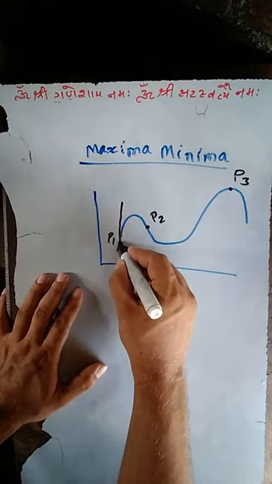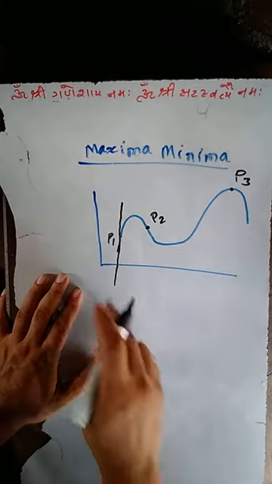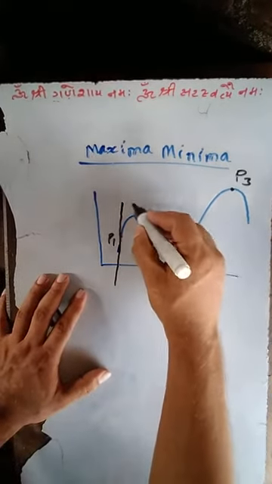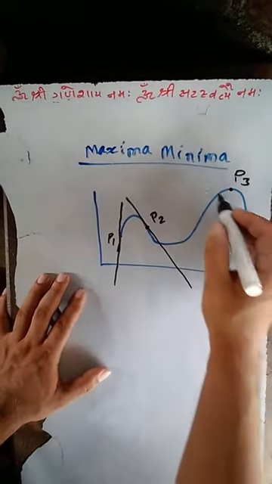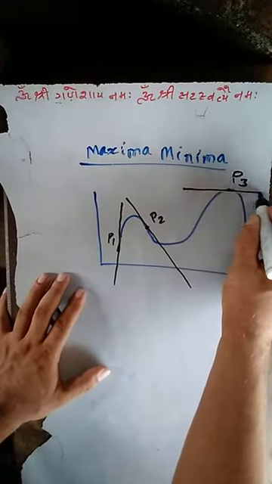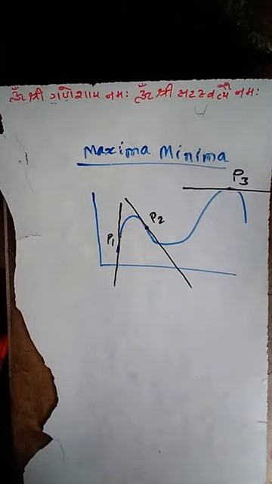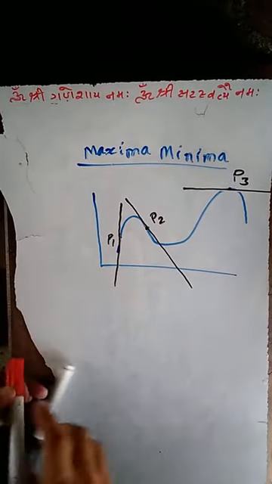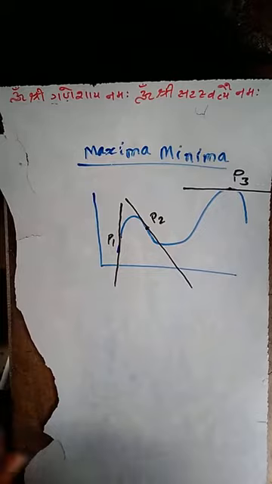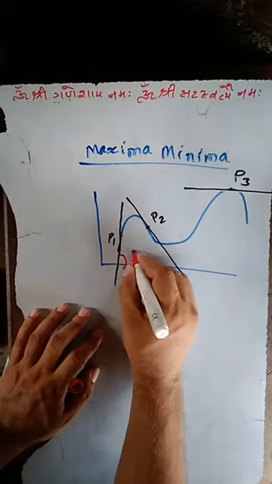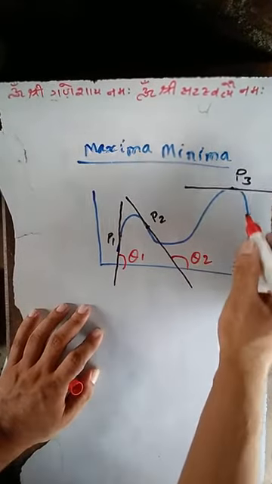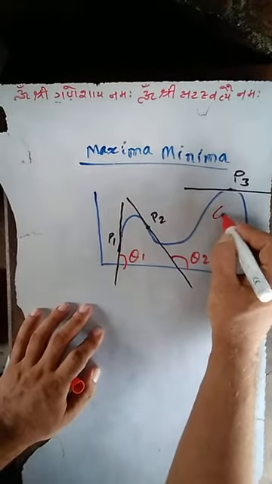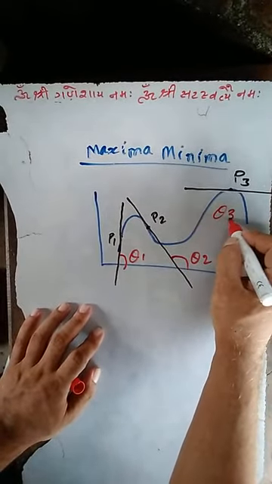This is your tangent at point P1, this is your tangent at point P2, and this is your tangent at point P3. Suppose these are the angles theta 1, theta 2, and theta 3.